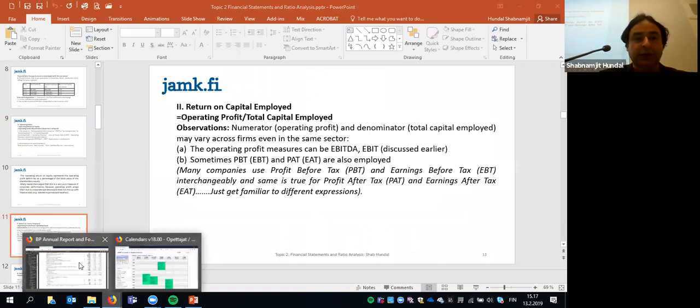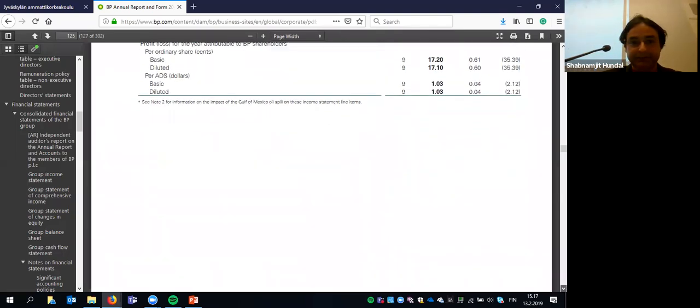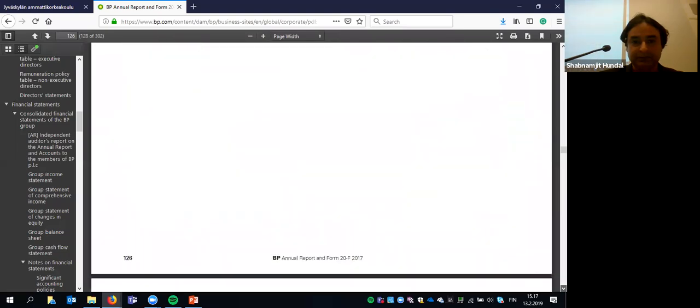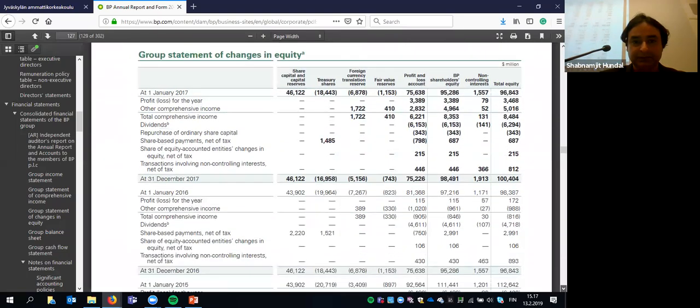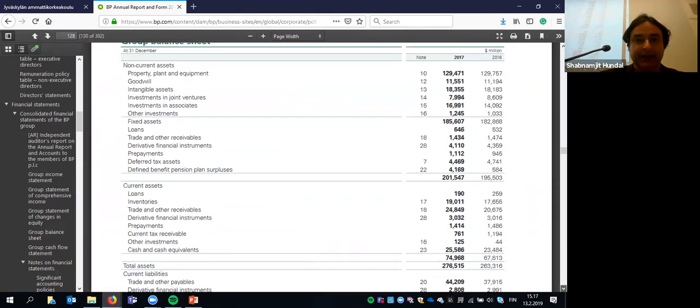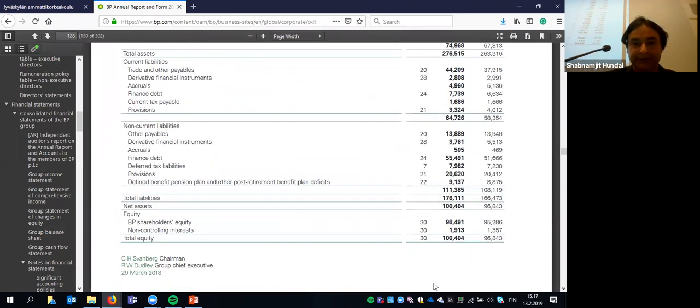The only thing we require to apply the second formula is the total capital. And total capital is total liabilities plus total equity.